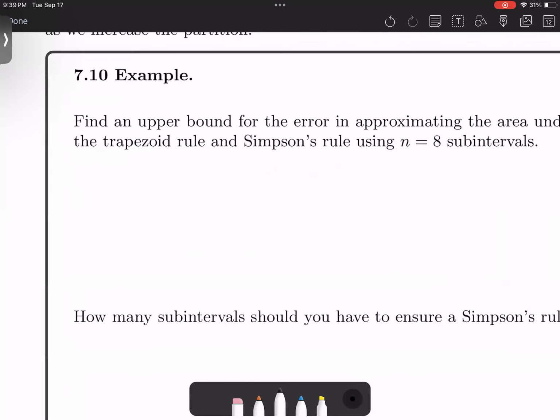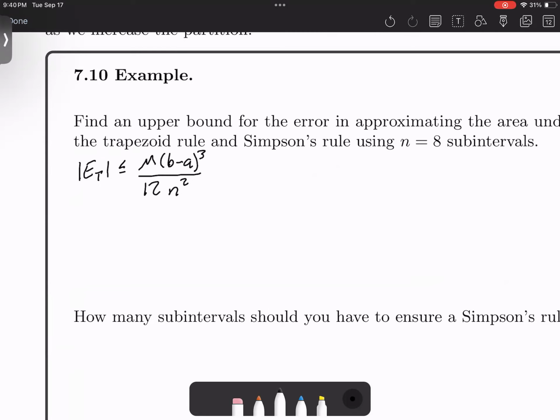So the error on the trapezoid rule is at most a constant M, which we'll discuss here in a minute, times (b minus a), that's the interval that you're integrating over, cubed, divided by 12n squared, where n is the number of rectangles you're using in your domain.